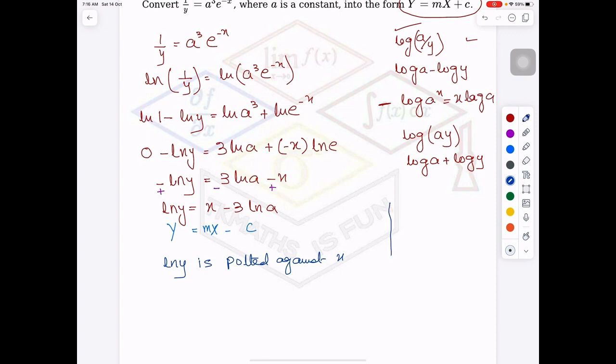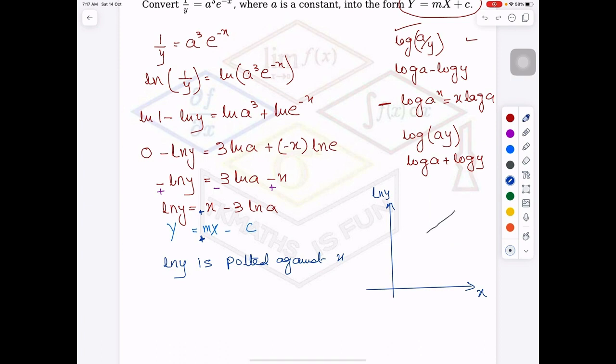So if you have to sketch it, a rough sketch, you can write here ln y, you can write here x, and because this is plus mx, it means plus 1x. So your direction of the line will be like this.